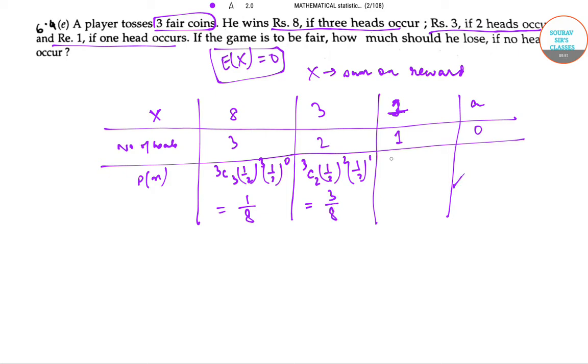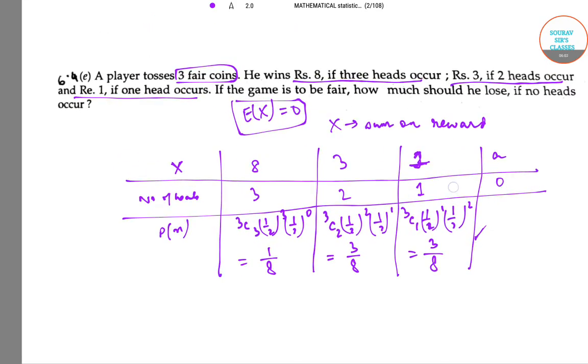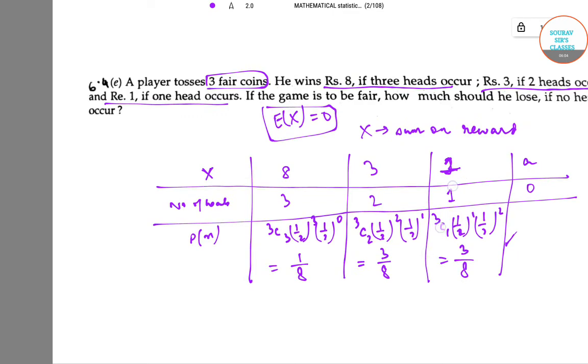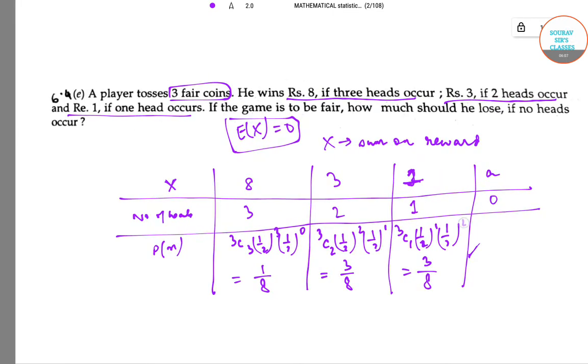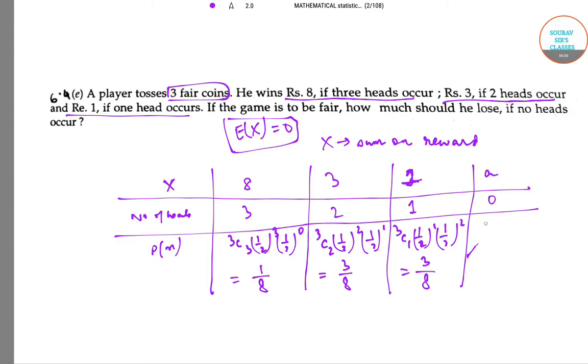For 1 head occurring, 3c1 half to the power 1 into half squared is equal to 3 by 8, and for no head occurring, it is 3c0 half to the power 0 into half cube, which again comes out to be 1 by 8.